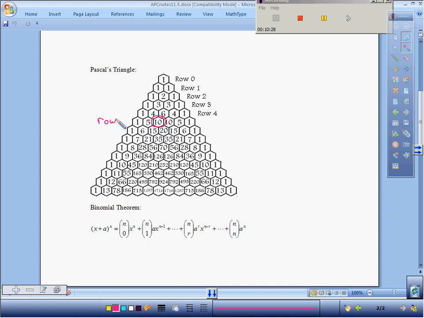So this number 10 is row 5, column 2. You see where that comes from? And if you did on your calculator 5 combination 2, you would get 10. So all those numbers in Pascal's triangle are also combinations.